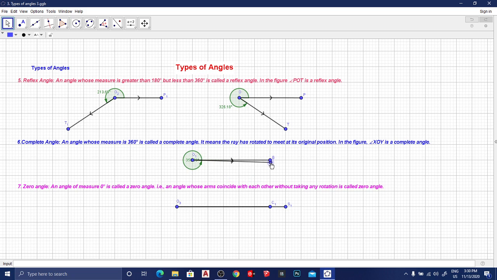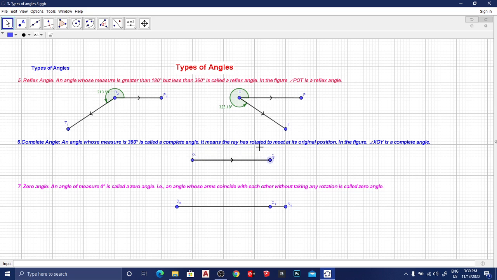When it completes one rotation like this and reaches 360 degrees, then this angle is called the complete angle, which is equivalent to 360 degrees.